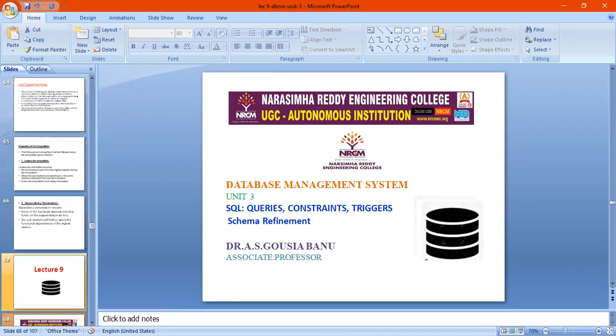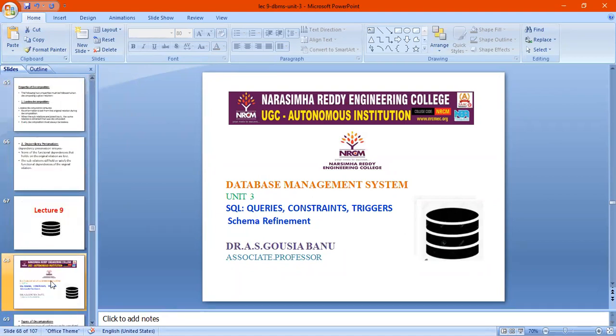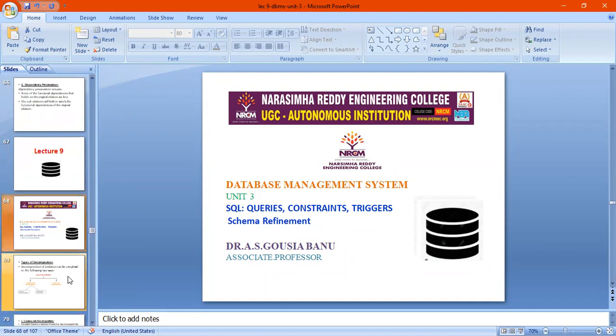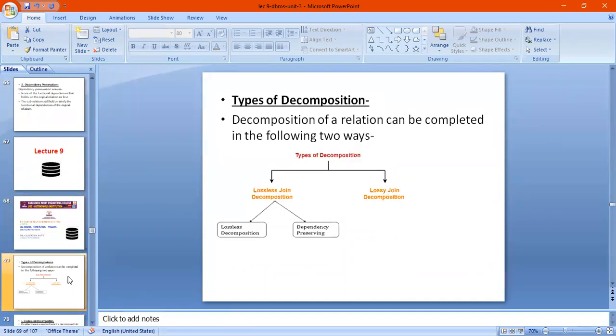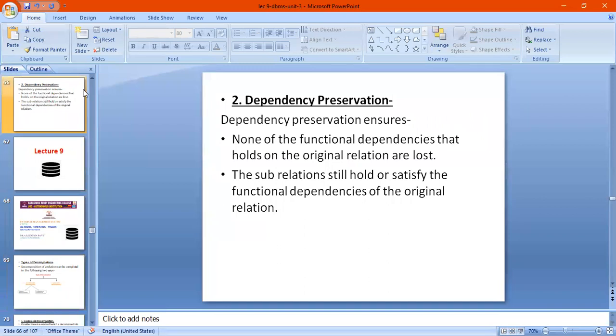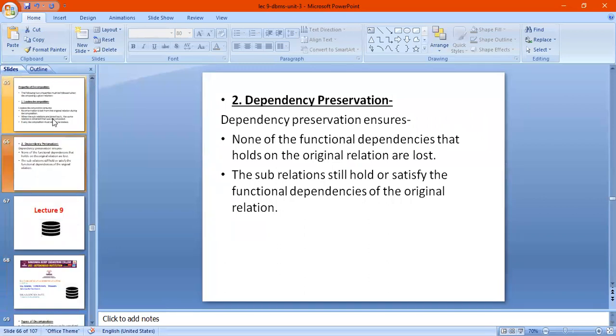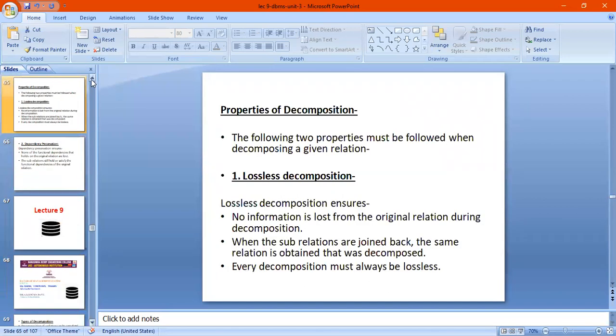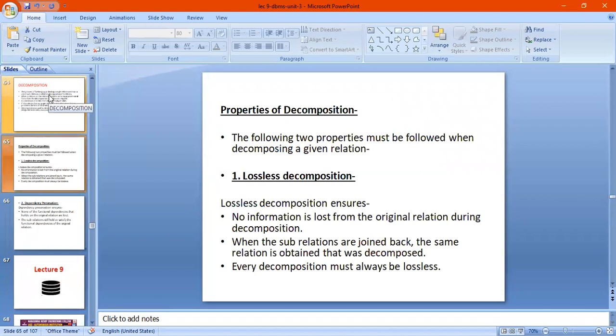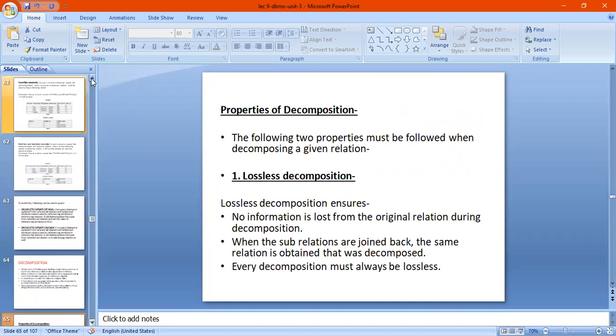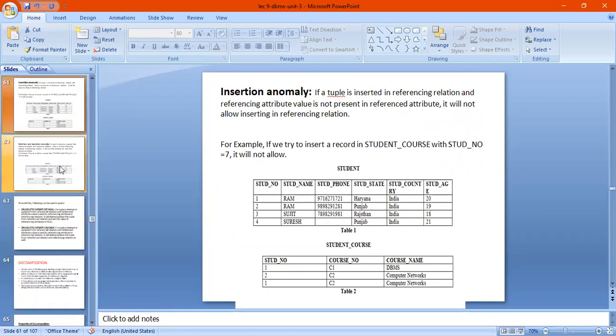In the schema refinement, we have gone through dependency, decompositions, and anomalies.